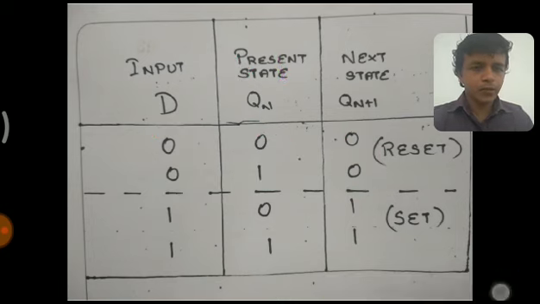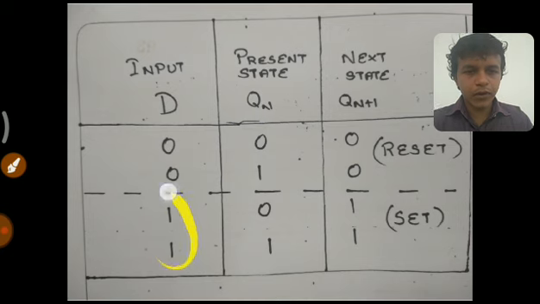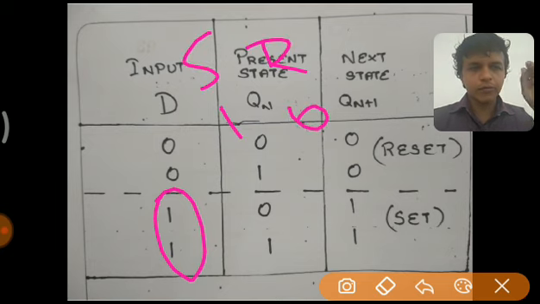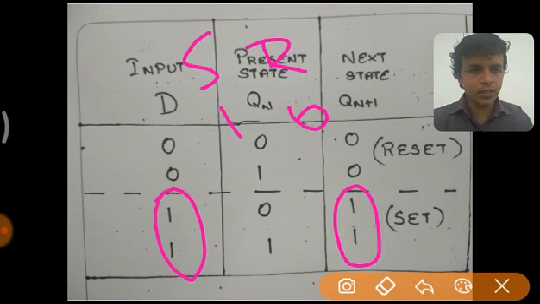Next, when we give the input D as 1, S is taking 1 and R is taking 0, which means we are pressing the set switch, so the output of the flip-flop is set to 1, whatever the previous value could be.